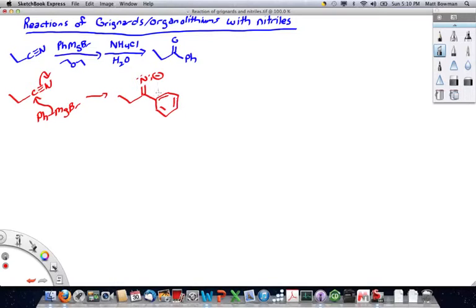The reason why we can form a negative nitrogen in this mechanism is that a Grignard reagent or an organolithium reagent is essentially a negative carbon. Negative carbons are much more basic than negative nitrogens are, so you can use them to form negative nitrogens.